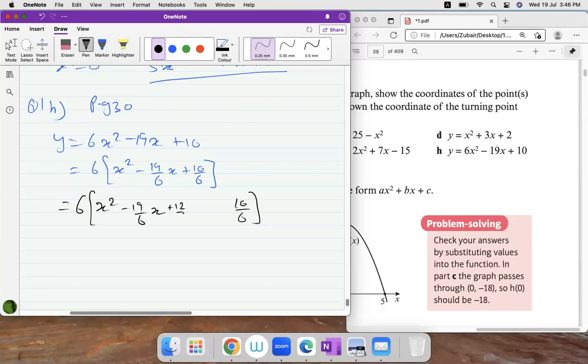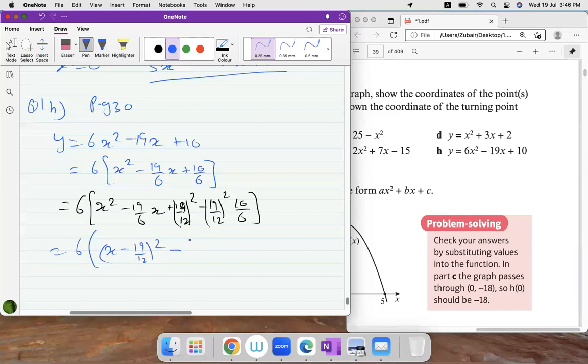So plus 19 by 12 squared minus 19 by 12 squared. This is 6 times x minus 19 by 12, whole squared. Then all of the remaining is just the number.